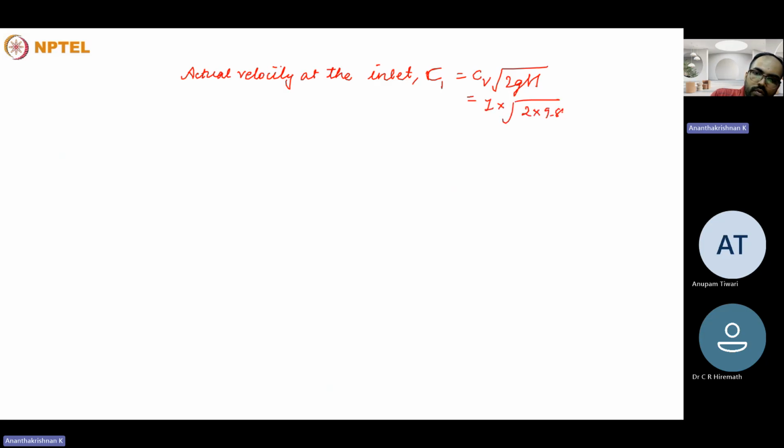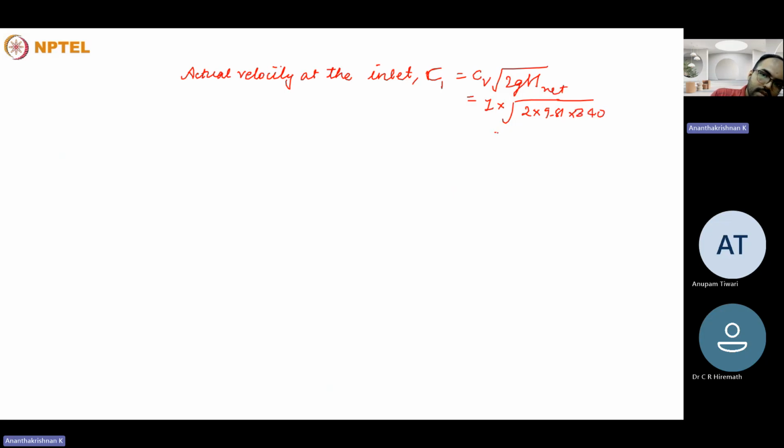So the actual velocity at the inlet, C1, will be the coefficient of velocity and the root of 2gh. This is 1 root of 2 into 9.81 into the net head, which is 340.